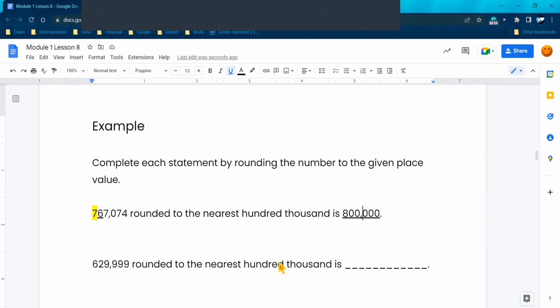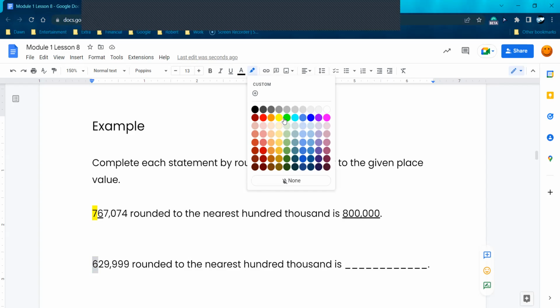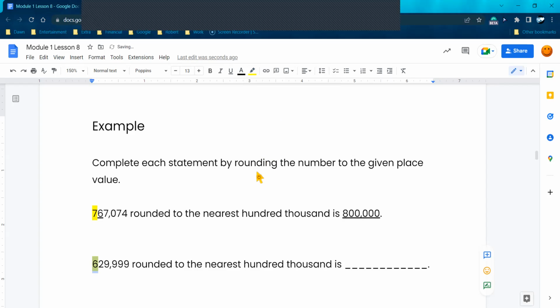So let's look at this one. We have 100,000 again. So I'm going to highlight my 100,000s because now we have 629,999. And then I'm going to underline the number to the right. Remember, we look next door. So now I see this 2. Is it 5 or more, raise a score, or is it 4 or less, let it rest?